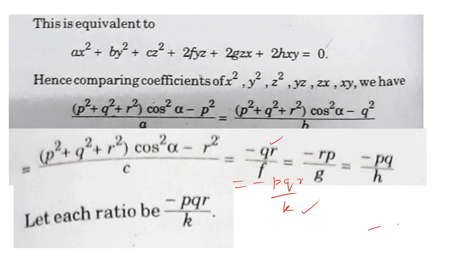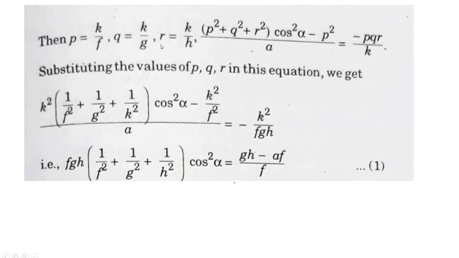So minus p by k will be equal to minus p by k from here, because you can cancel this qr. So qr cancel ஆச்சுன்னா minus 1 by f இங்கே வரும். எனக்கு வேண்டியது p. So it will be k by f. And in the same way, மிச்சதுக்கெல்லாமும் அதே மாதிரி போட்டோம்னா this is what we get.